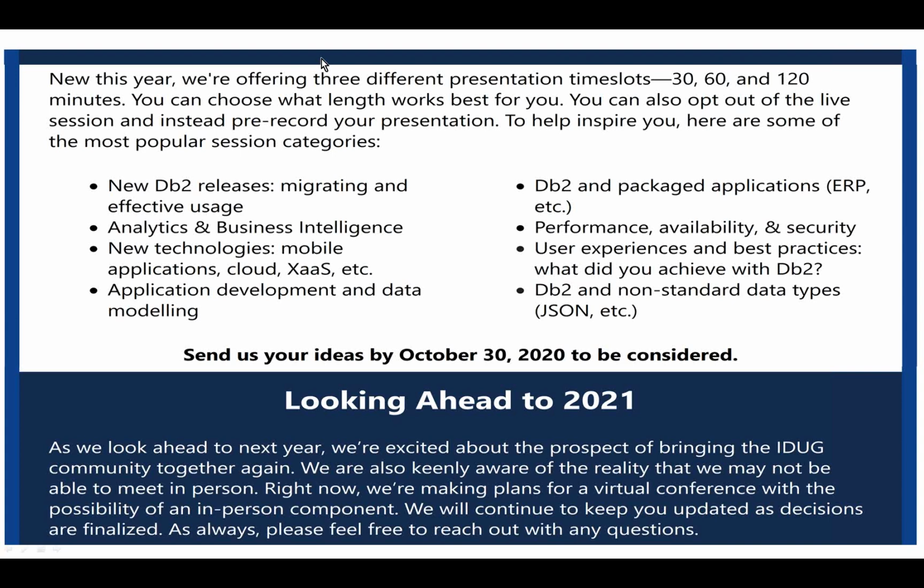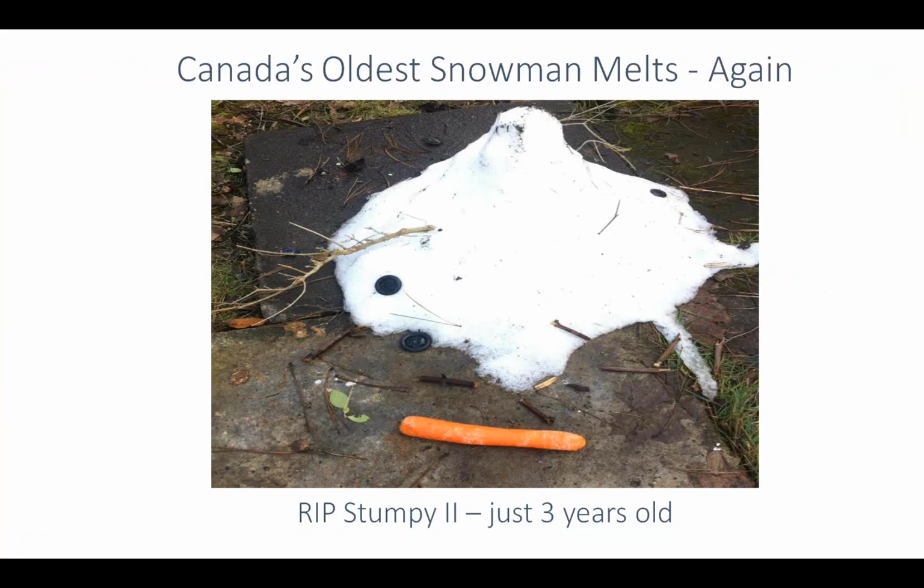Also, this is an old joke, but I like it because I live in Canada. We had a really hot summer, and the original Stumpy the Snowman lasted for 27 years. And that being in Canada, you know, the cold summers we can have. But unfortunately, this might be an indication of climate change. Stumpy 2 has melted again. He's just 3 years old, and this is what we have left. So we'll have to try for a new Stumpy next year and see just how long it goes.